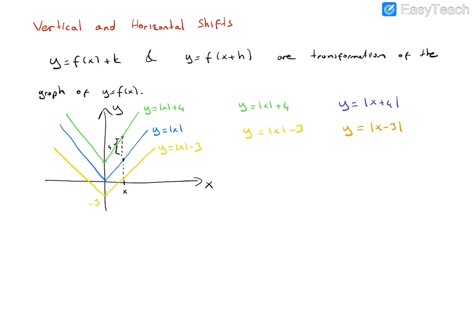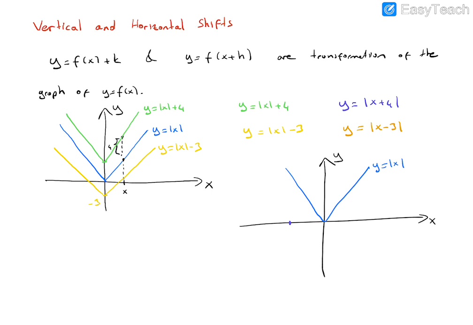Let's sketch all the graphs quickly here. X-axis, y-axis. The graph of y equals absolute value of x, this one. And y equals absolute value of x plus 4. This point is minus 4. So the graph of y equals absolute value of x plus 4 is the same as the graph of y equals absolute value of x shifted to the left 4 units.